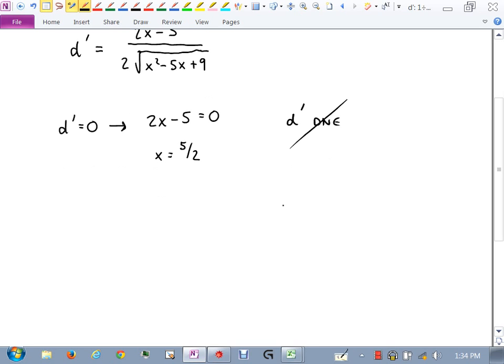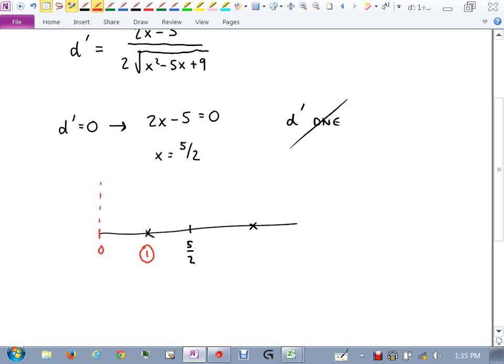So I would go straight to a number line now. 5 halves would go here. I need to pick something to the left and to the right, remembering also that at 0 is where my domain ended. It was from 0 forever, so I can't pick something over here. So what's something to the left of 5 halves? 1.